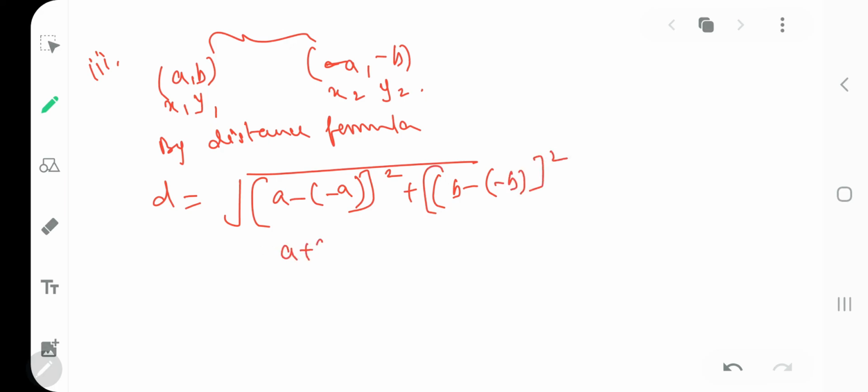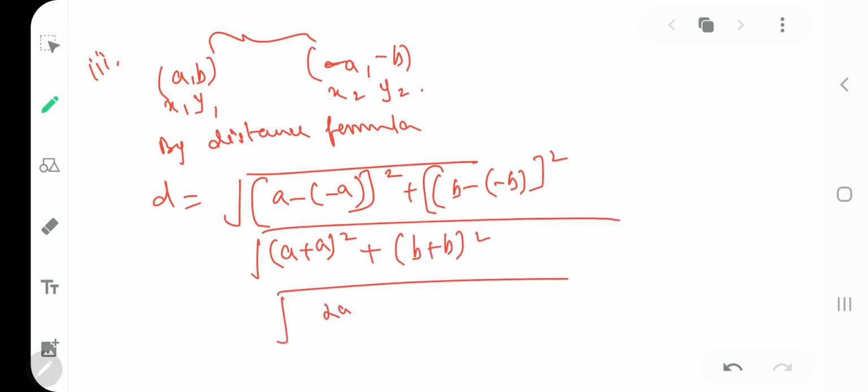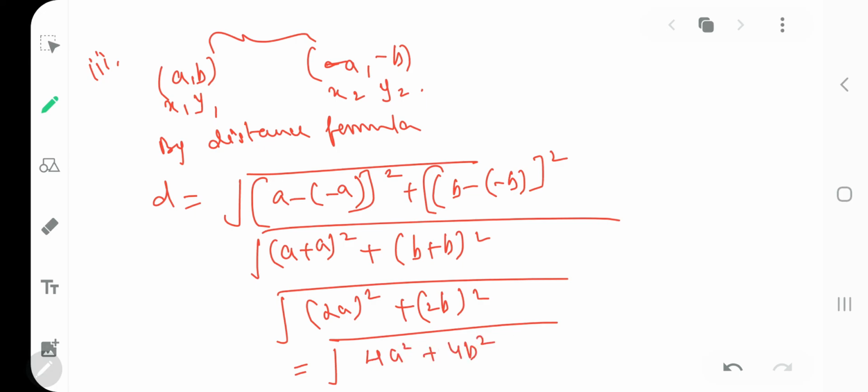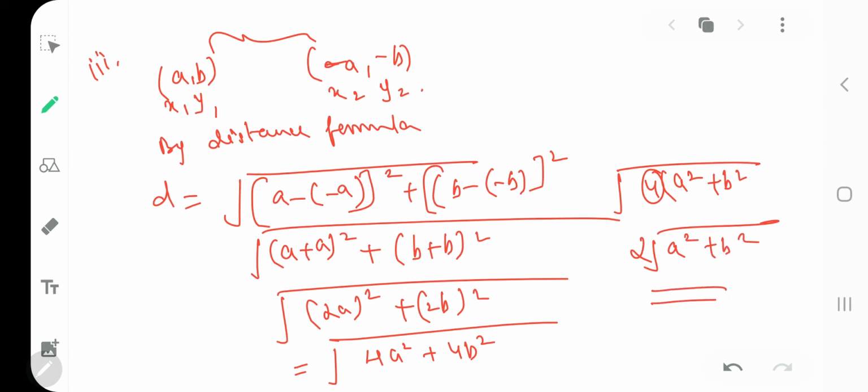So that will be A plus A the whole square plus B plus B the whole square. That is 2A the whole square plus 2B the whole square. That is 4A square plus 4B square. If I take 4 common, inside will be A square plus B square. 4 can come out free, so inside will be A square plus B square. Clear?